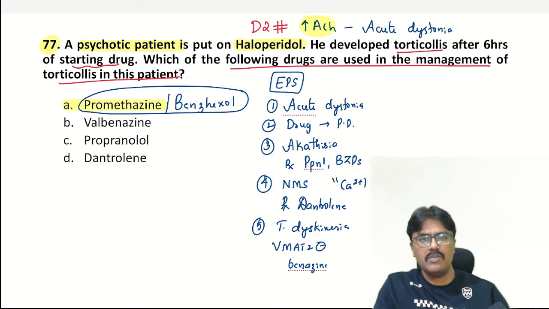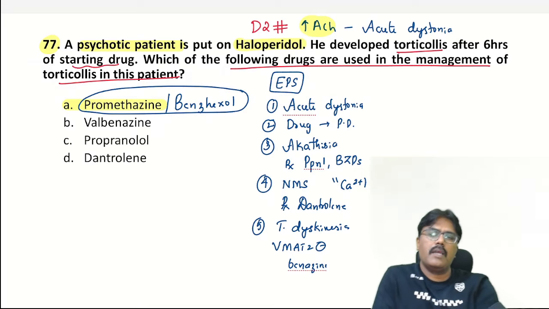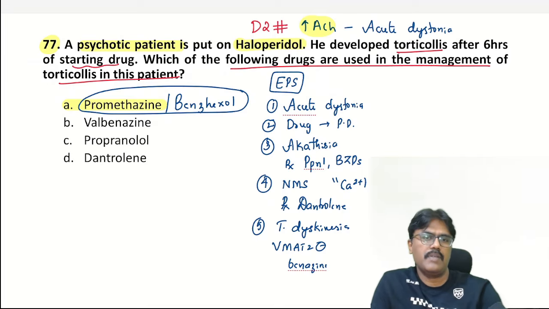First is acute dystonia in young people, drug-induced Parkinson's disease in old people, after some months akathisia, after some months neuroleptic malignant syndrome, high body temperature, and after some years tardive dyskinesia. These are called extrapyramidal symptoms seen with typical antipsychotics because they block dopamine.